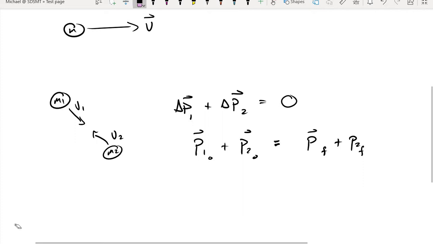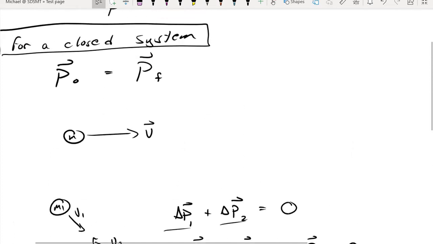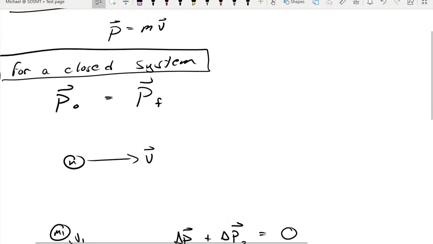I need to change my subscript there. All right. Then if we rearrange the terms here, we can subtract the initial momentum values over to the other side. And what that will do is produce those delta statements that we had right there. So any change in momentum for the system must equal zero. That's what our conservation of momentum says.